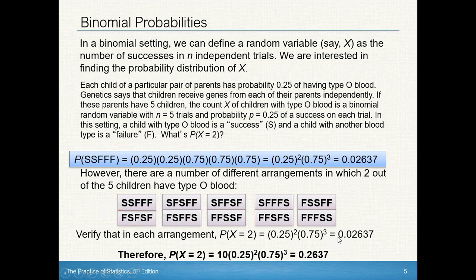So if this is the first two kids succeed and the other three fail, I need to multiply that by 10 so that I get all these different orders right here. This tells me there's a 26% chance that if a couple has 5 kids and each kid has a 25% chance of having type O blood, there's a 26% chance that exactly 2 of those kids will have type O blood.